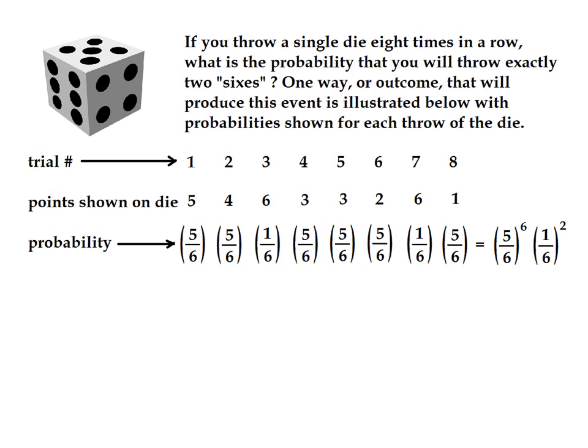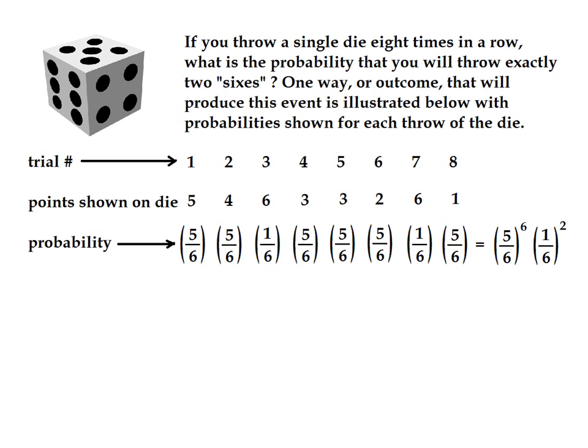Alright, so we have trial number 1, 2, 3, and so forth up to trial 8. On the first trial, you throw a 5, which even though throwing a 5 is a probability of 1/6, it is not throwing a 6, so it's a failure.